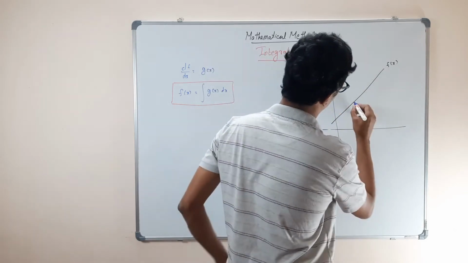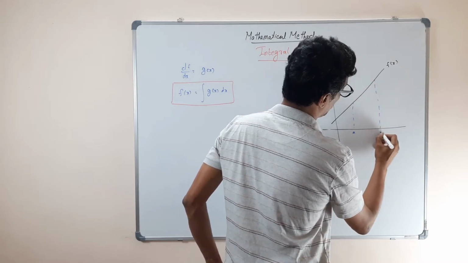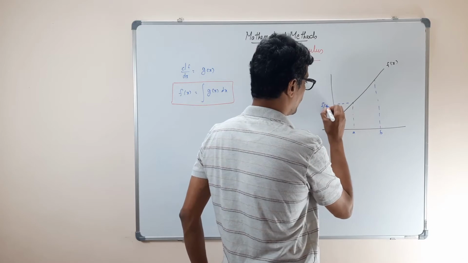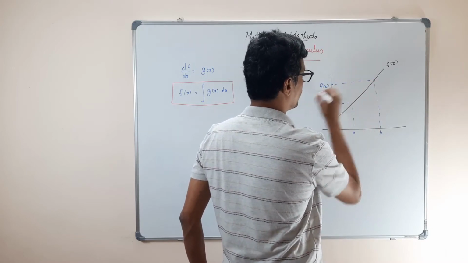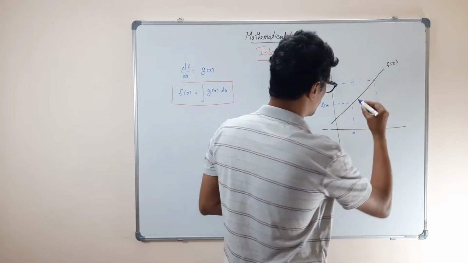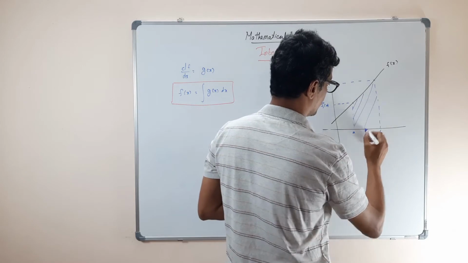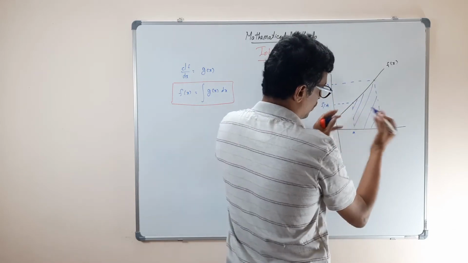Let us take 2 points, A and B. So this point will be f of A, and this will be f of B. I'm asking you, what is the area under this line, bounded by A and B? Below this line, bounded by A and B.